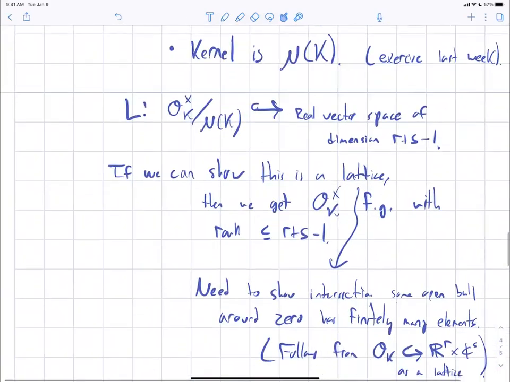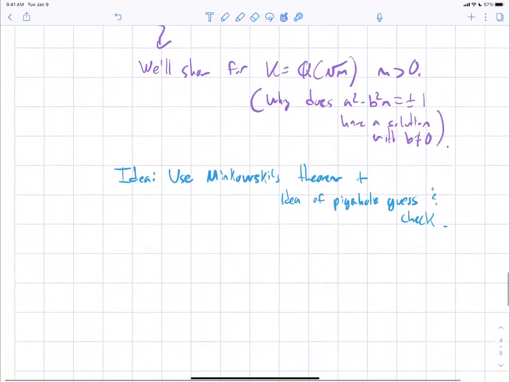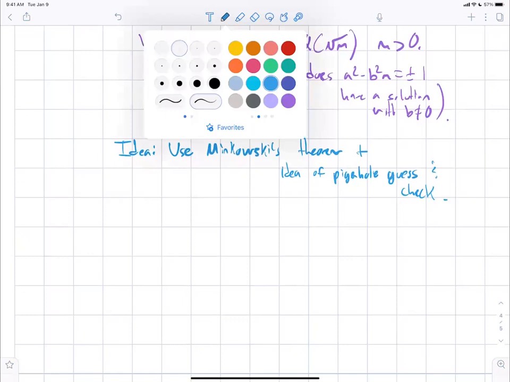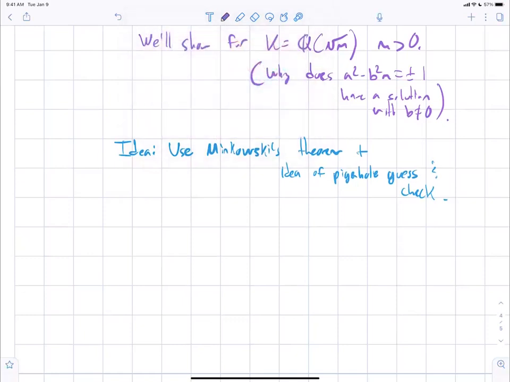Okay, so let's look at this. How do we do this? Minkowski's theorem: we have q squared of m living in R squared. Really O_K is a lattice in here.